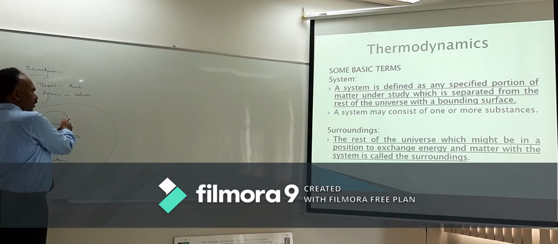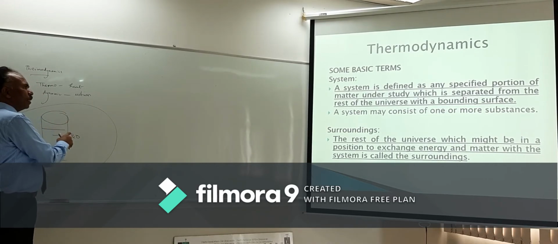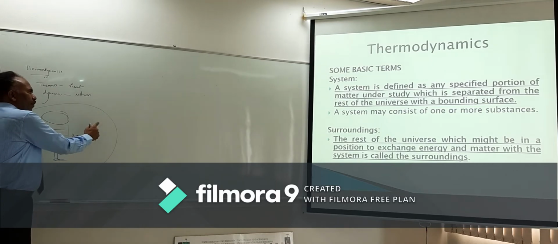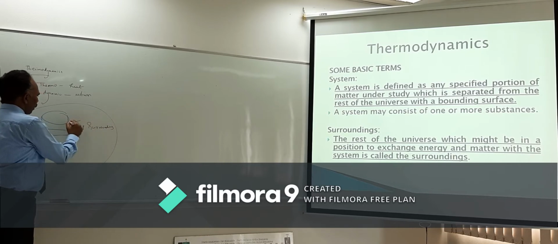So a system is defined as any specified portion of matter under study which is separate from the rest of the universe, that is called surrounding, with a bounding surface. So this is surrounding. This is a boundary which separates the system from the surrounding.